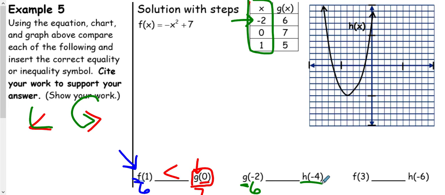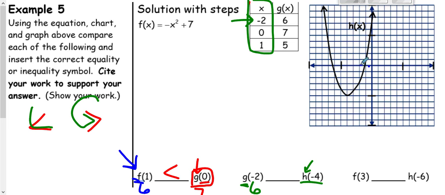So which function do I want to look at? F of x, g of x, or h of x? H of x, which is the graph. Am I going to go up 4, right 4, down 4, or left 4? Left 4, because we're talking about an x value and it's negative.